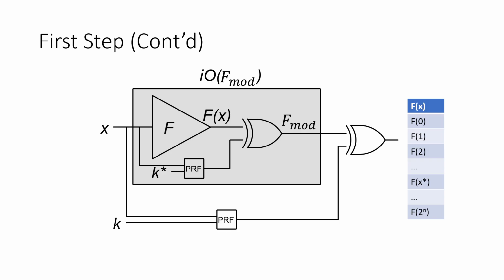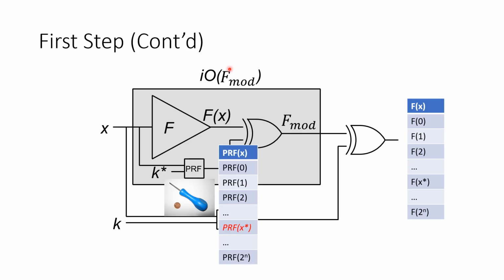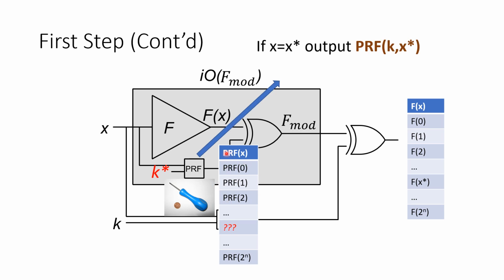So to do this, we're first going to puncture the PRF key K star at the puncturing point X star. So the key we get is going to be good for evaluating the PRF on all points except X star. To preserve the functionality of the circuit, inside this block here, we're going to check if the input is equal to the puncturing point.